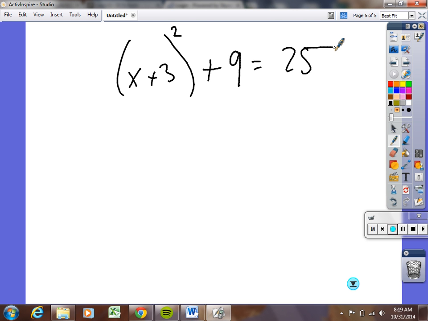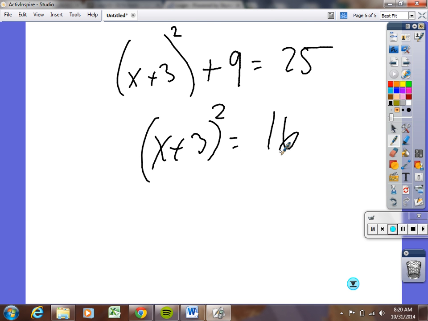So we subtract the 9 over. So now I'm at x plus 3 squared equals what? 60? Never mind.